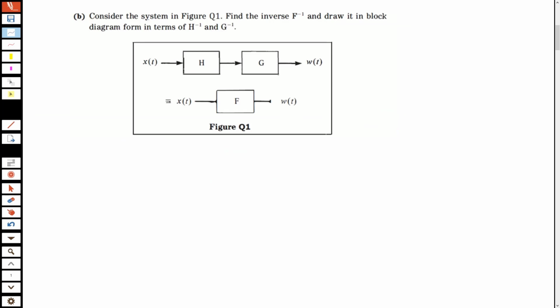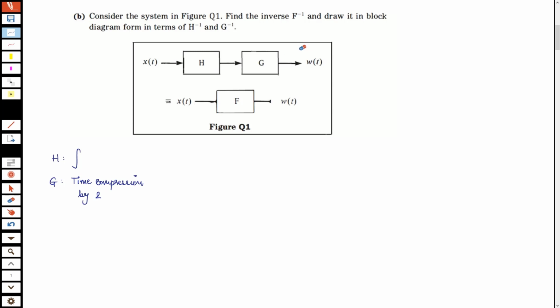Moving to part B. Part B says, consider this system, which is made by cascading system H and system G. Find the inverse F inverse. So if this system together was considered as system F, we need to find and draw F inverse. So remember what H and G do. H is an integrator and G basically does time compression by a factor 2.